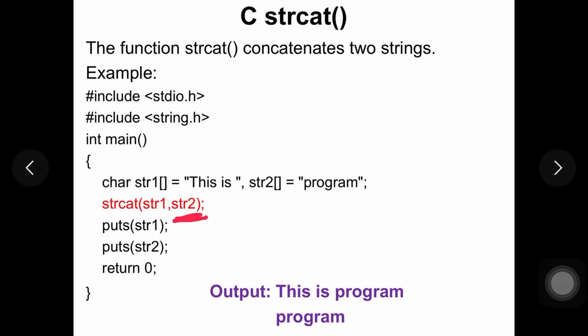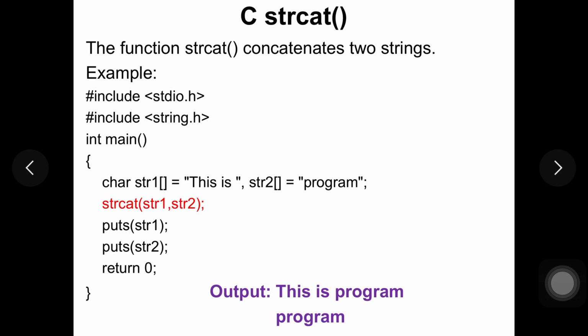So how does the joining operation work here? First you have the first string, after that you join the second string to the first string. Then you print, and finally the result will be stored in string 1. String 1 is joined with string 2 and the result is stored in string 1.